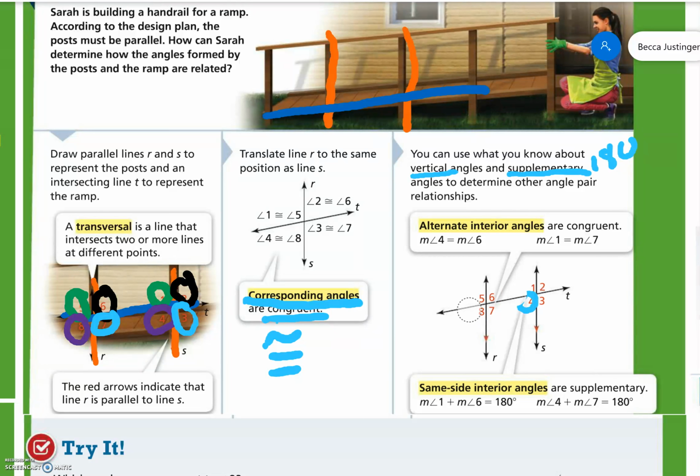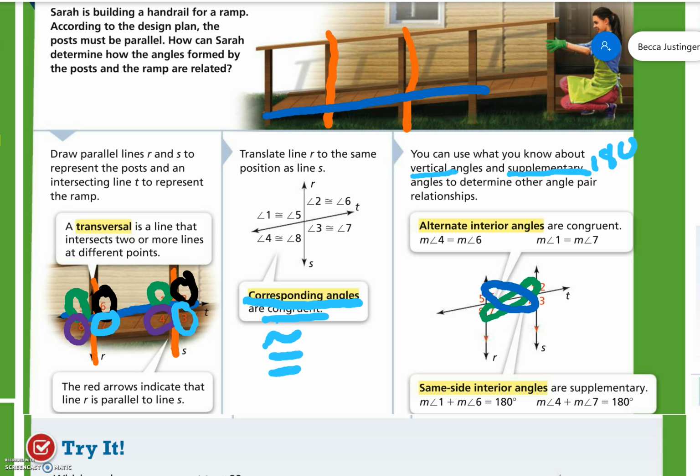That same thing goes with 1 and 7. Angle 1 is congruent to 7 because angle 1 is congruent to 5 via corresponding, and 5 is congruent to 7 via vertical. So you can see 1 and 7 are congruent, and 6 and 4 are congruent.